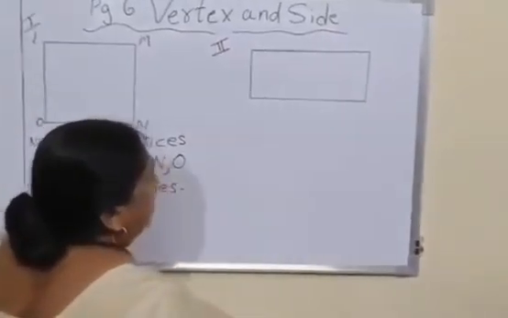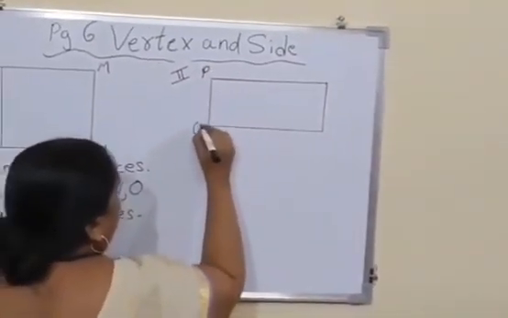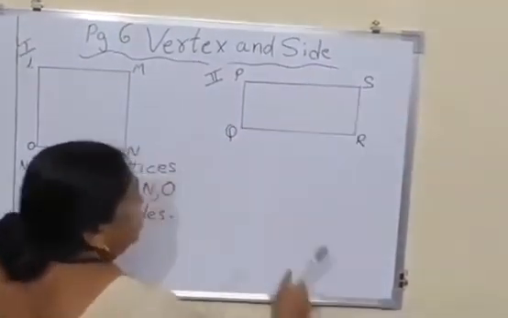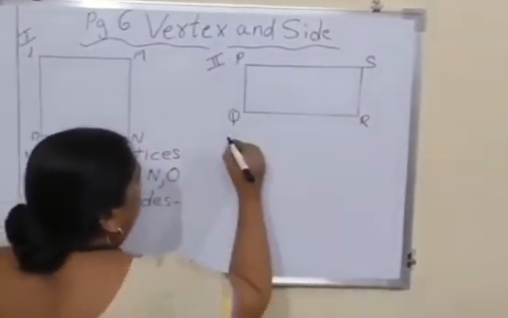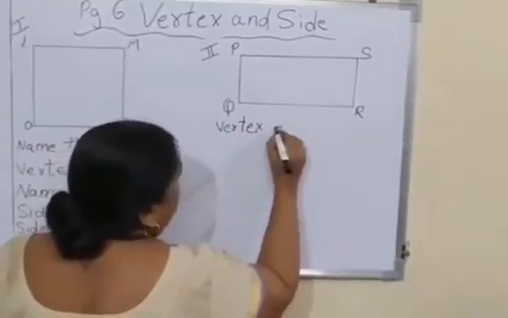This rectangle. Now let us name this as P, Q, R, S. Again here also we have to write that in capital letters. Now let us name the vertex of this rectangle.